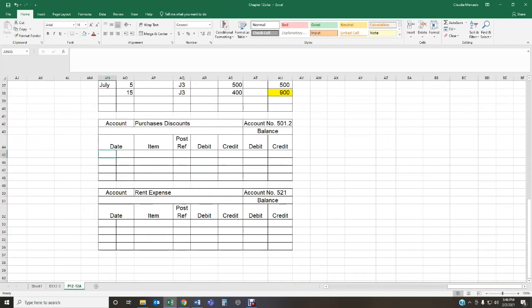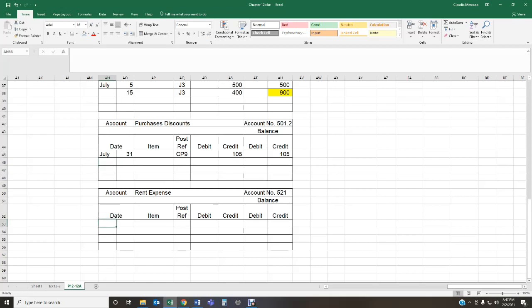Purchases discounts is happening on July 31st, and from our cash payment journal number 9, we had a credit of 105. So that happened on our purchase discounts.